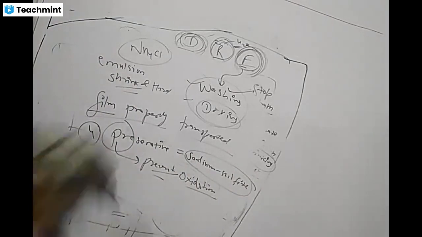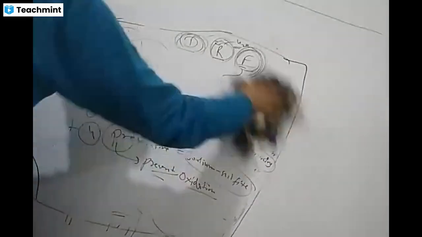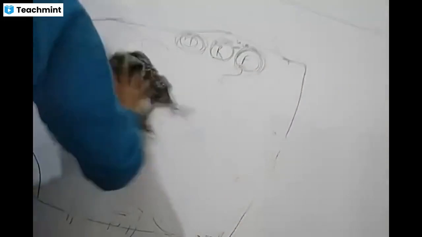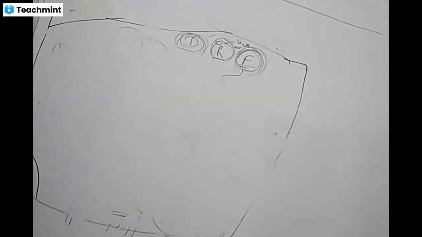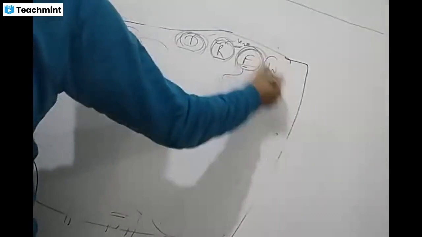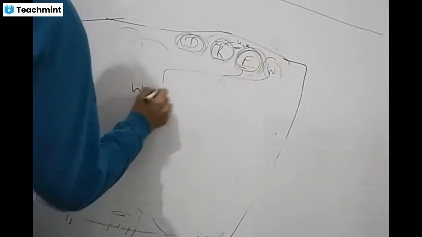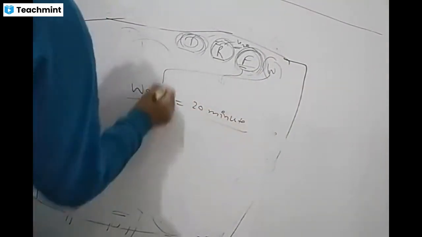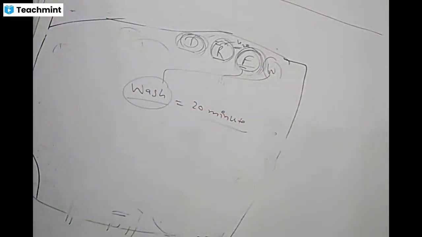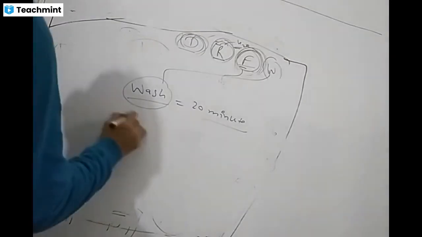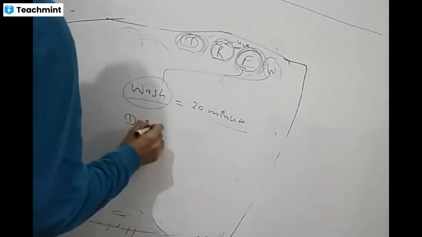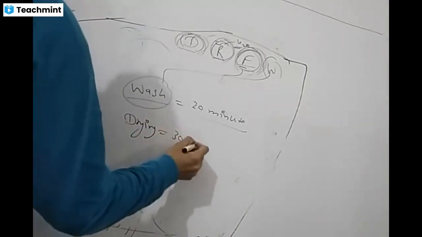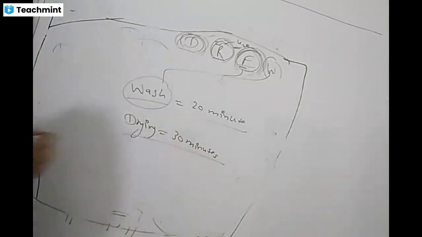So after fixing, once you have removed all the unexposed crystals, we will go for washing. We will wash for 20 minutes. That is also called final washing or simply wash. And after this, we will dry the film. Drying will be 30 minutes. So this completes our topic, film processing.